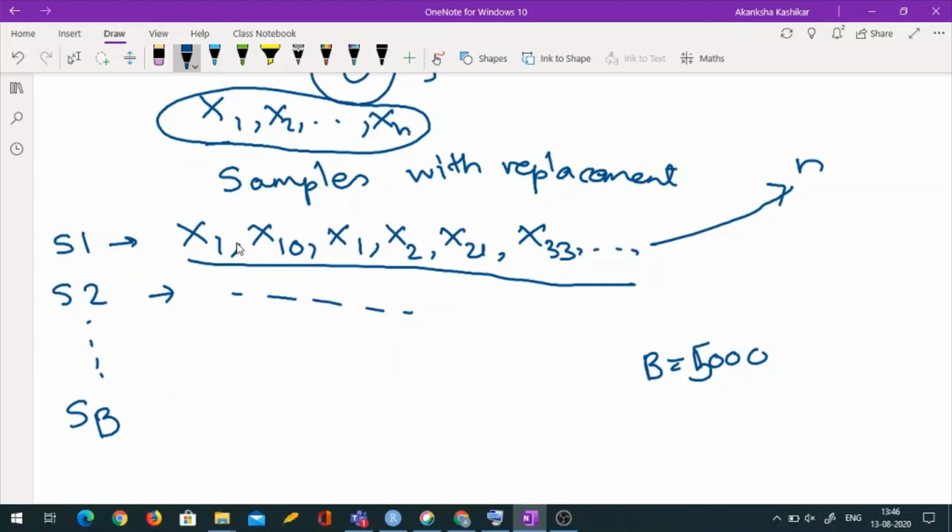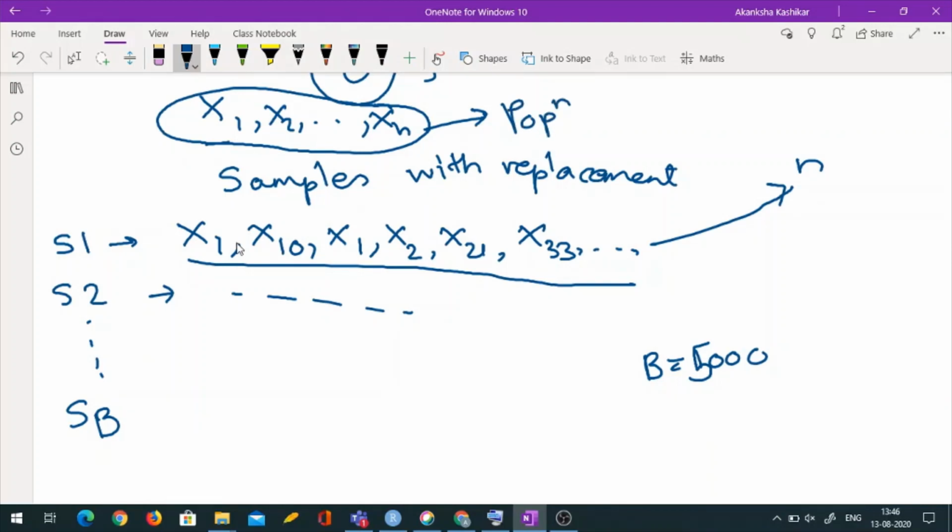So we do this exercise, and I have S1, S2, SB, many samples. Why am I doing this? If I don't know anything about the distribution of these variables, whatever I know is completely contained in this sample. The only thing I know is that this is kind of my population, because I don't know anything else.